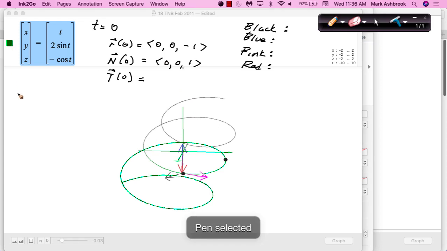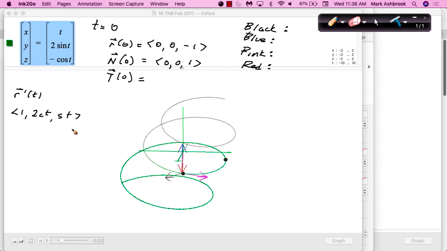The derivative is (1, 2 cosine t, sine t) at 0, which is (1, 2, 0).